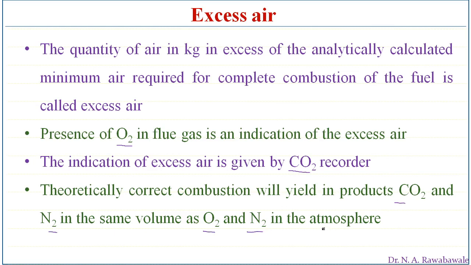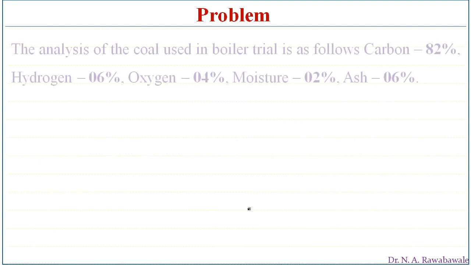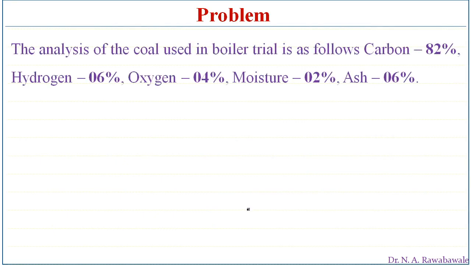So if the combustion is complete, or theoretically correct combustion takes place, then the volumes of carbon dioxide and nitrogen are the same as the volumes of oxygen and nitrogen respectively in the atmospheric air. Now we will discuss one problem where we will look at the minimum amount of air required and the excess air which is supplied.